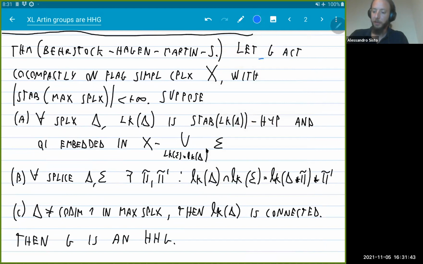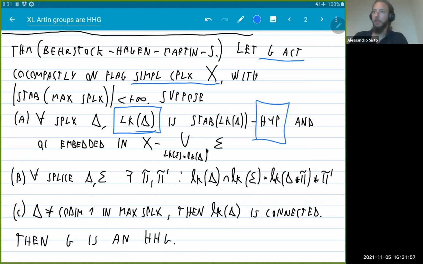You have a group G acting on a simplicial complex X, and the main requirement is that links of simplices are hyperbolic. Okay, so if you want, you can just stop here. This is a good level of understanding of this statement. You want a group, for example, a mapping class group, acting on a simplicial complex X, the curve complex, and links of simplices are hyperbolic. But I don't want to cheat, so I'm actually going to explain all the various parts of this definition.